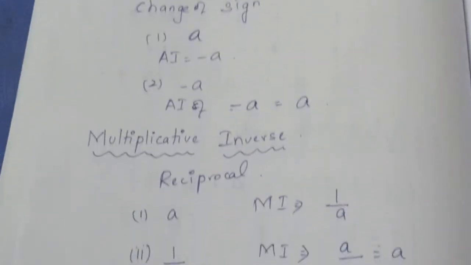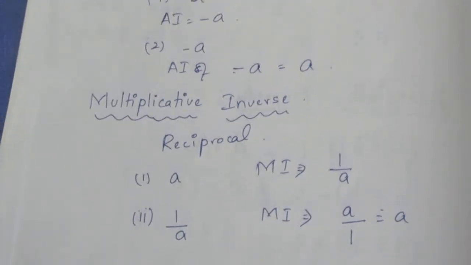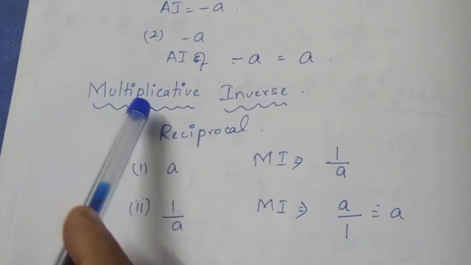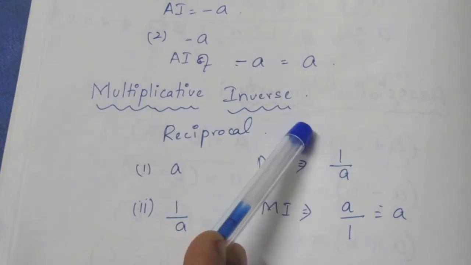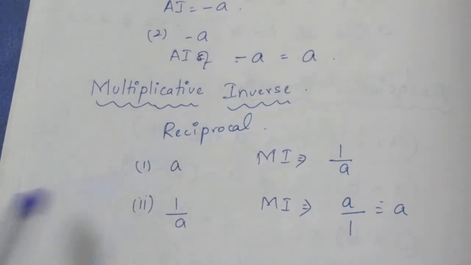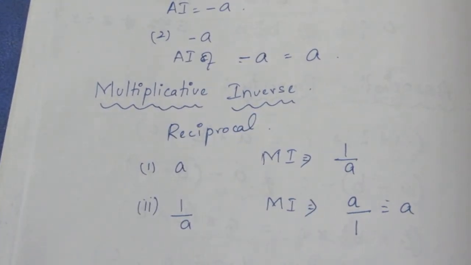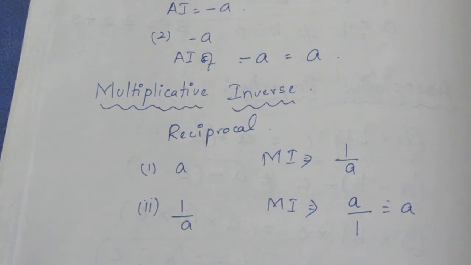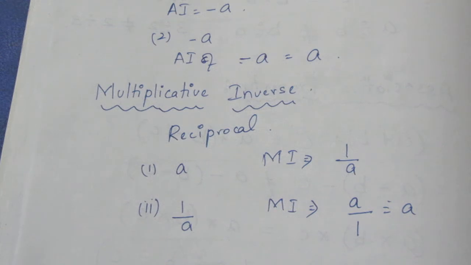Here the multiplicative inverse means reciprocal. If you are given 5, if there is only 5, it is 5 by 1. So the reciprocal of it is 1 by 5. Here remember that for multiplicative inverse, we should not change the sign.